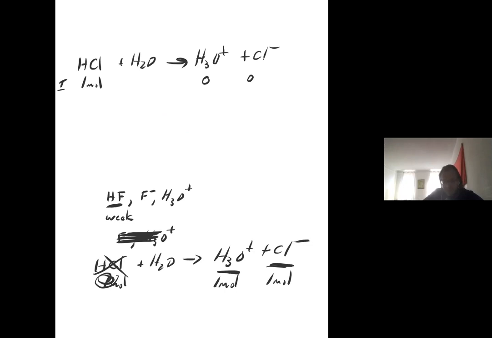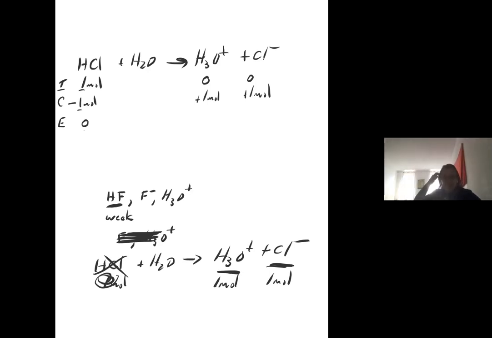Then it reacts, so you lose a mole of this and this goes up by a mole. We call this initial, change, and end: ICE. Now, if you start with a mole, but you lose a mole, you get 0. So there's none of the HCl left.